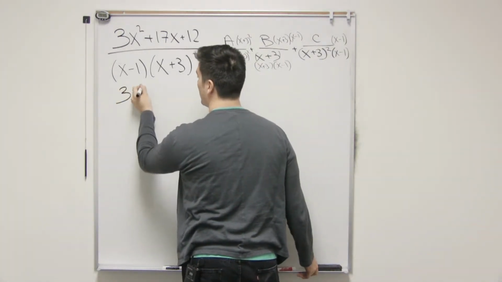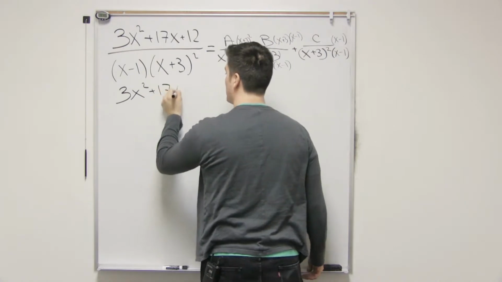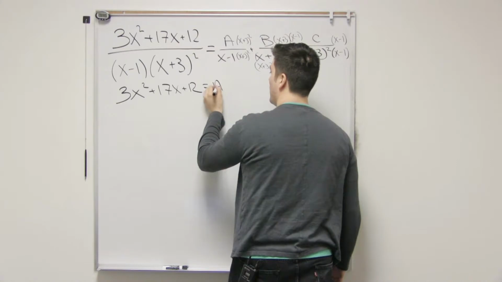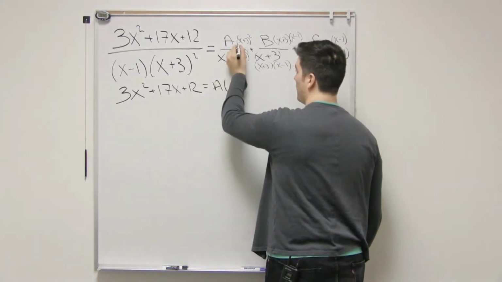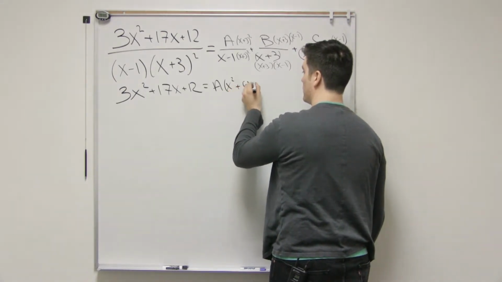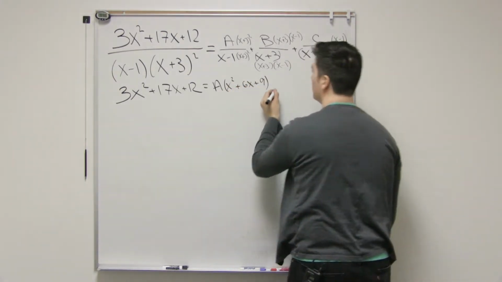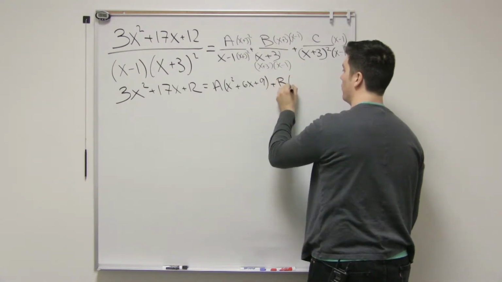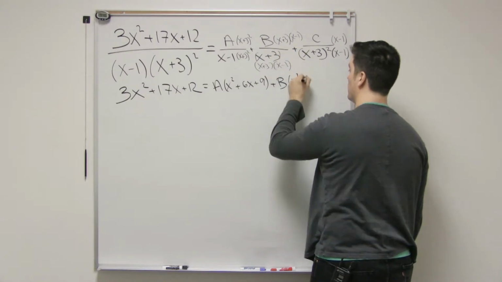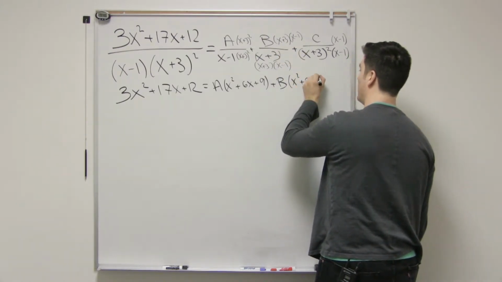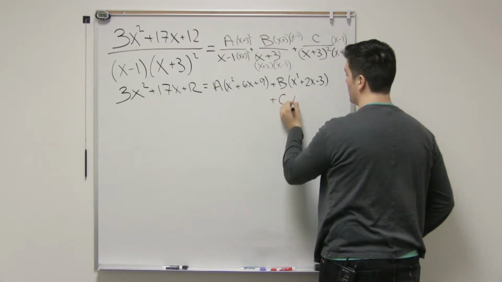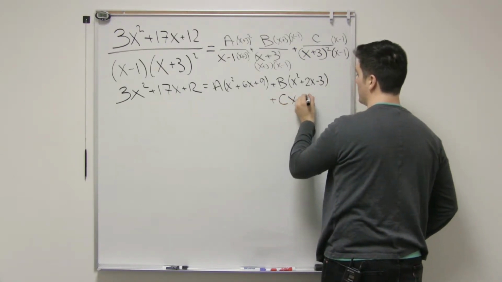And we've got 3x squared plus 17x plus 12 equals a, and let's go ahead and FOIL this bad boy out, x plus 3 squared, it's going to be x squared plus 6x plus 9, plus b, I'll FOIL this one out, x squared plus 2x minus 3, plus c times x minus c.